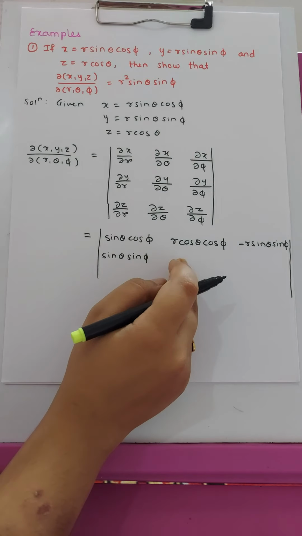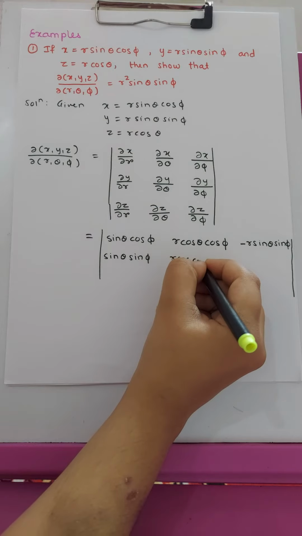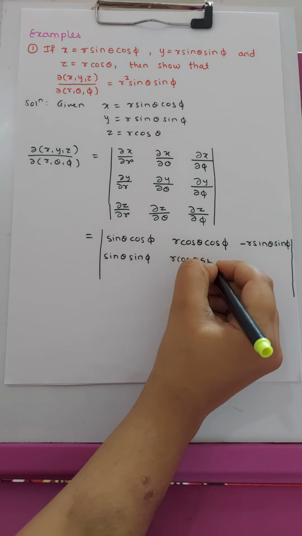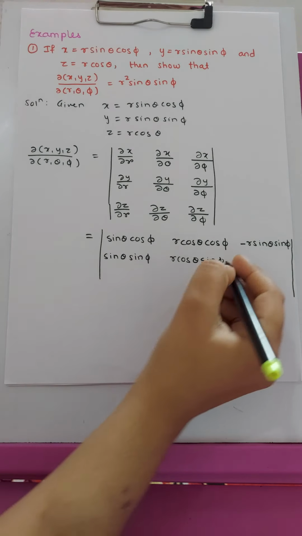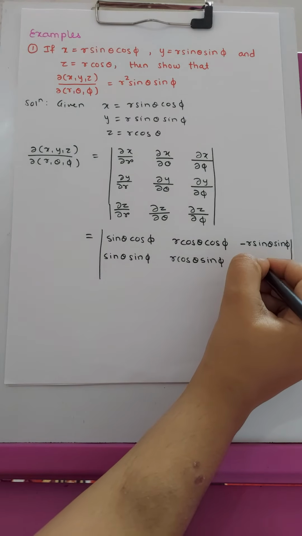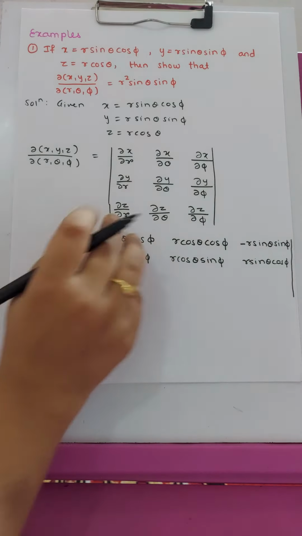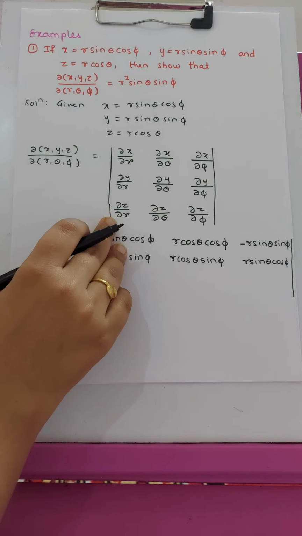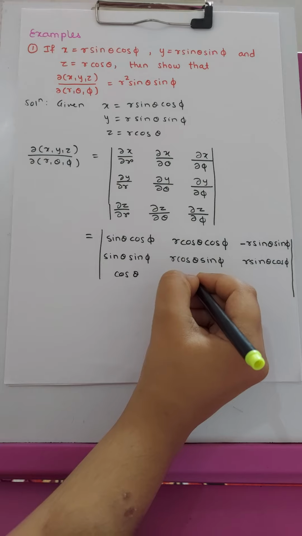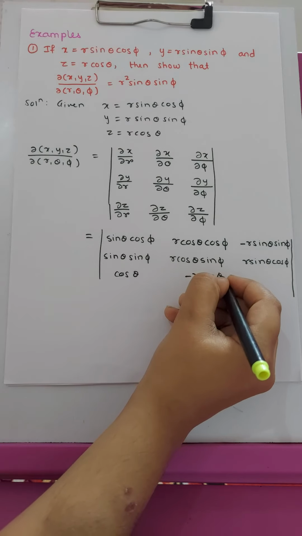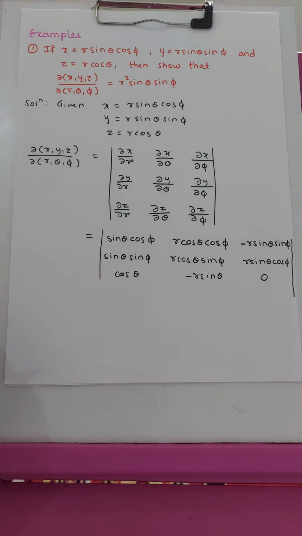The partial derivative of y with respect to theta is r cos theta sin phi. The partial derivative of y with respect to phi is r sin theta cos phi. Similarly, the partial derivatives of z with respect to r, theta and phi are cos theta, minus r sin theta and 0, since phi is absent in z.